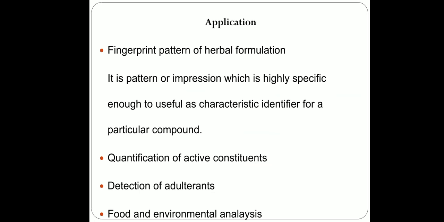Next, moving to the applications of HPTLC. First and most important one is fingerprint analysis, or fingerprint pattern of herbal formulation. This is an important point. Fingerprint means the unique characteristics of each component, or each human being, or each animal. Individuality is what a fingerprint represents. So fingerprinting is a pattern or impression which is highly specific enough to be useful as a characteristic identifier for a particular compound.